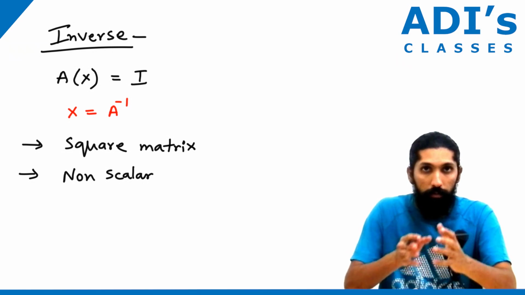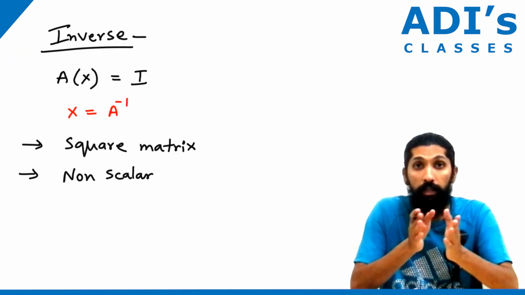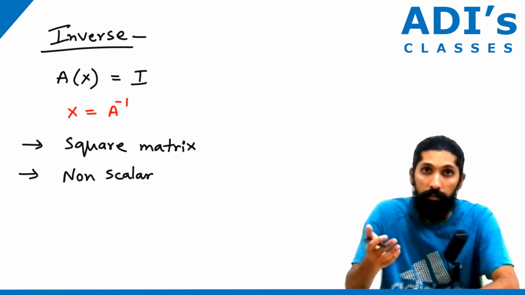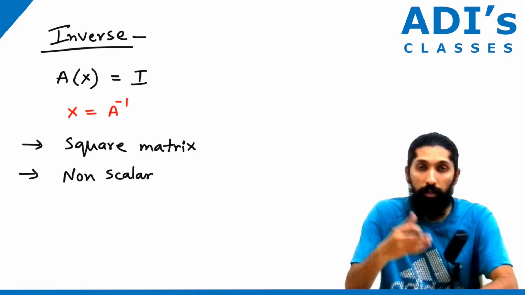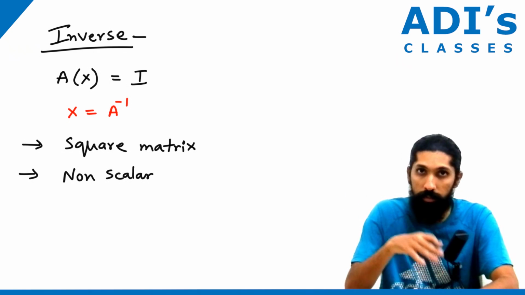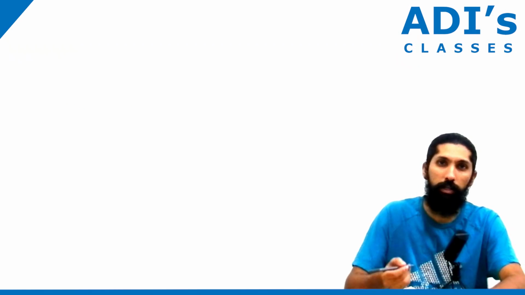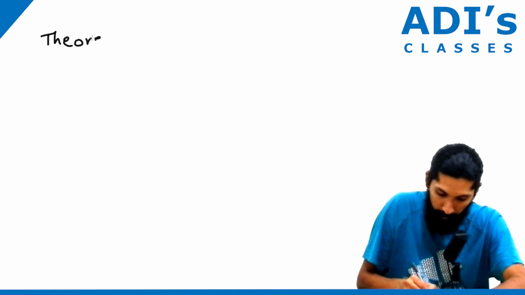Now, once you understand that there is an inverse, there are certain rules, properties, laws and theorems related to inverse, correct? Now we'll discuss one or two laws for the inverse of a matrix. The first theorem, or you can say statement, is something like this. So the first one, theorem 1, we can call it.